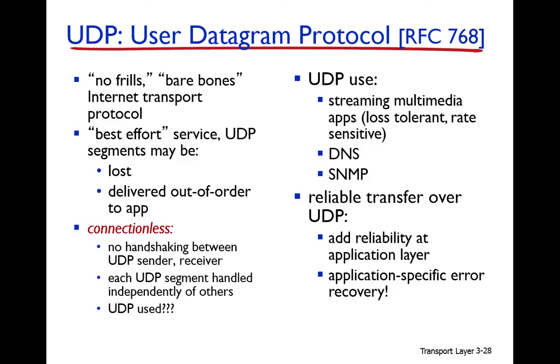So I think it is clear to you that UDP is a connectionless best effort service protocol. It sends the data as the data arrives, and doesn't care whether the packet is lost, or delivered in order or out of order.